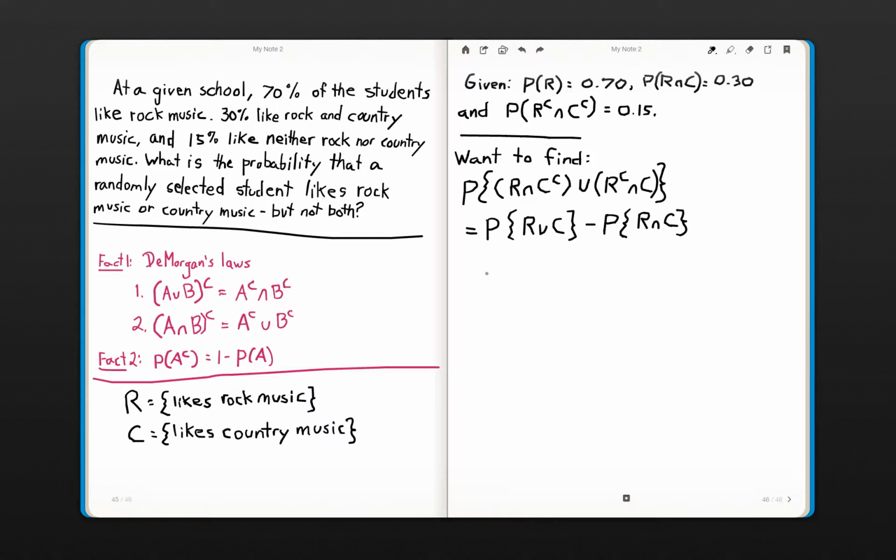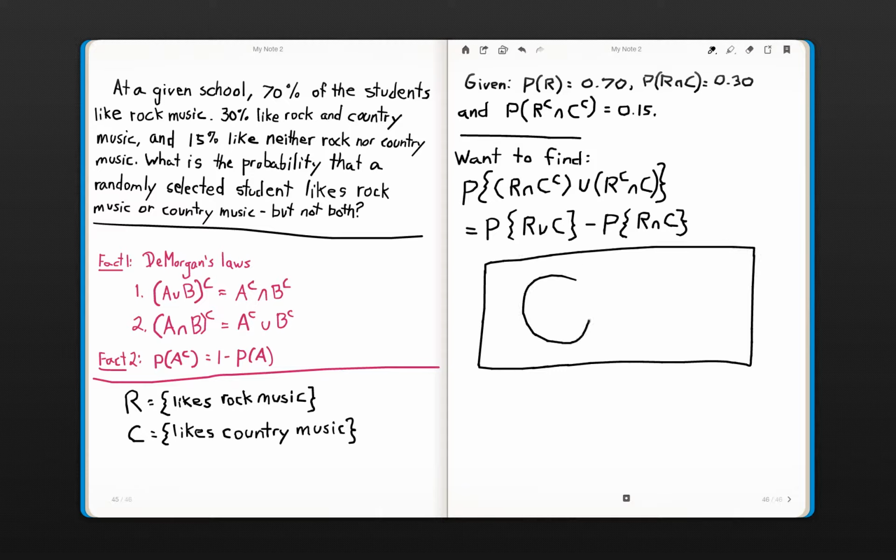But just to emphasize, I'm going to draw a Venn diagram to illustrate this concept a little further. So we have an event that denotes the people that like rock music, and another event, those students that like country music.